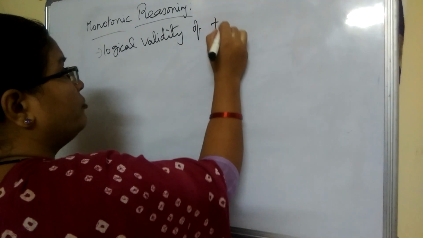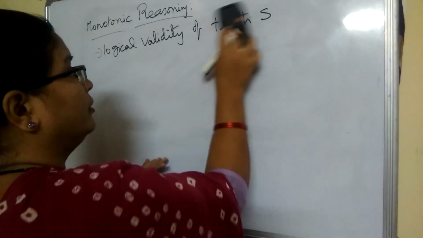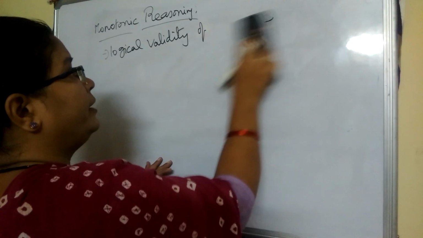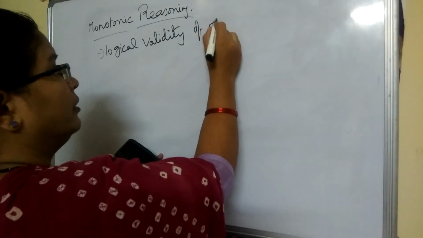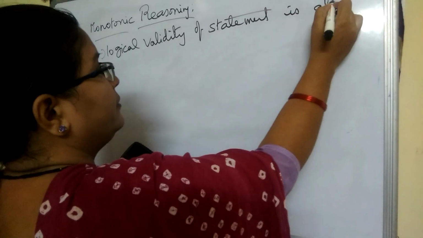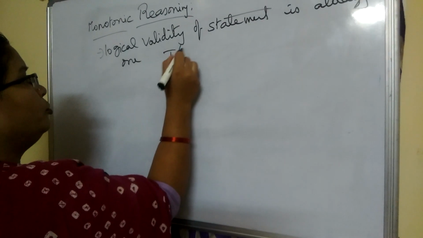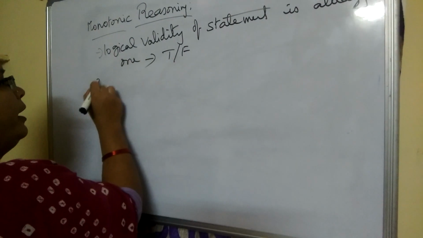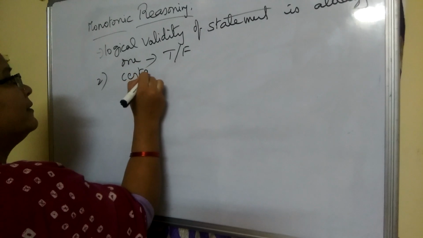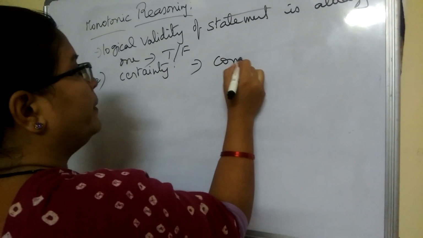The logical validity of a statement is always one, that is either true or false. And the second one is called certainty, and the model is complete.